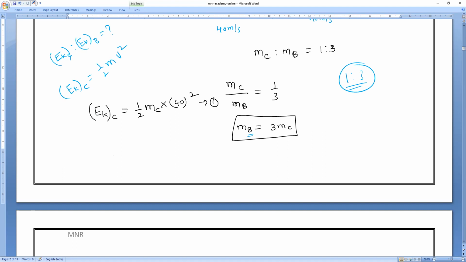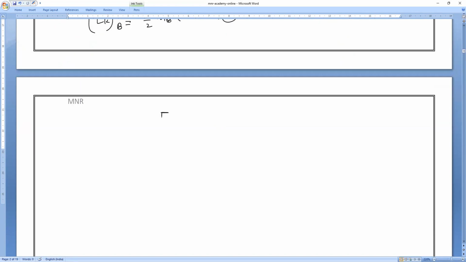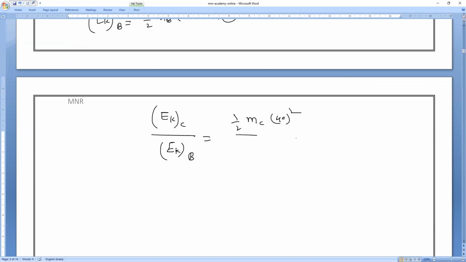Equation 1. Next, kinetic energy of a bus is half into mass of a bus into velocity of a bus whole square. Equation 2. They are asking for the ratio, so divide equation 1 by equation 2. Equation 1: half mass of a car into 40 whole square, divided by half mass of a bus into 40 whole square.